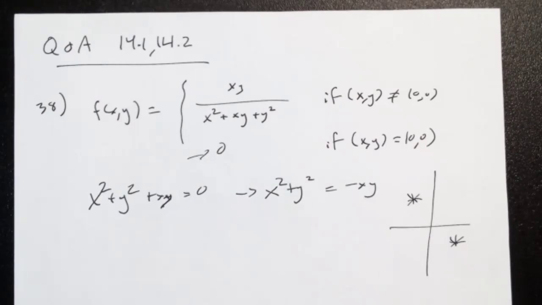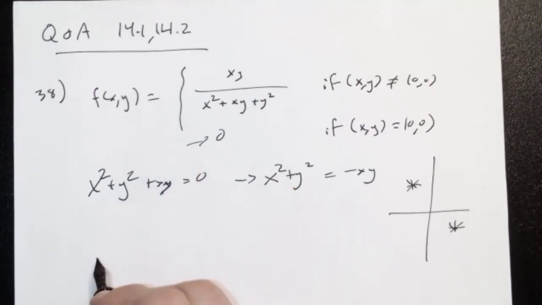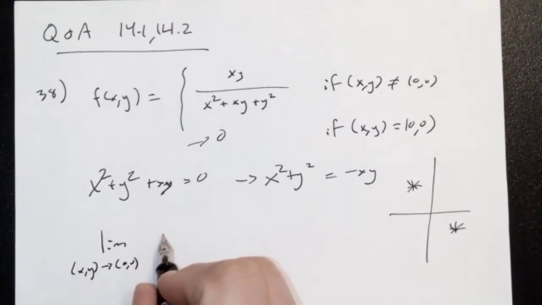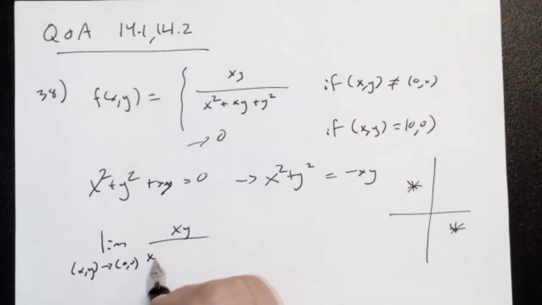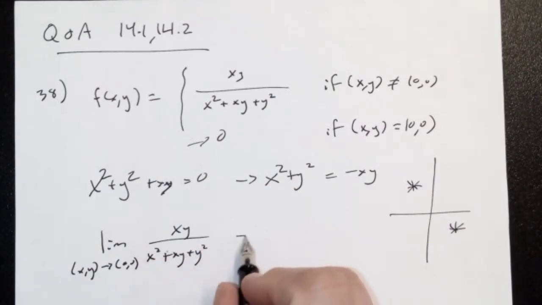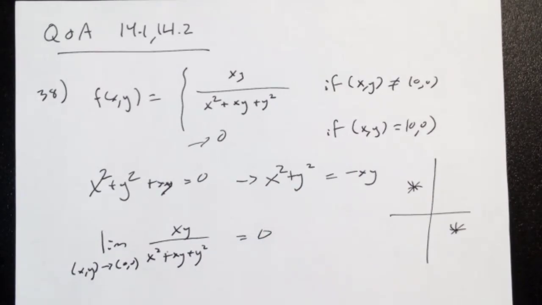So let's look at 0, 0. And really, what I need to show for this function to be continuous is that the limit is 0.